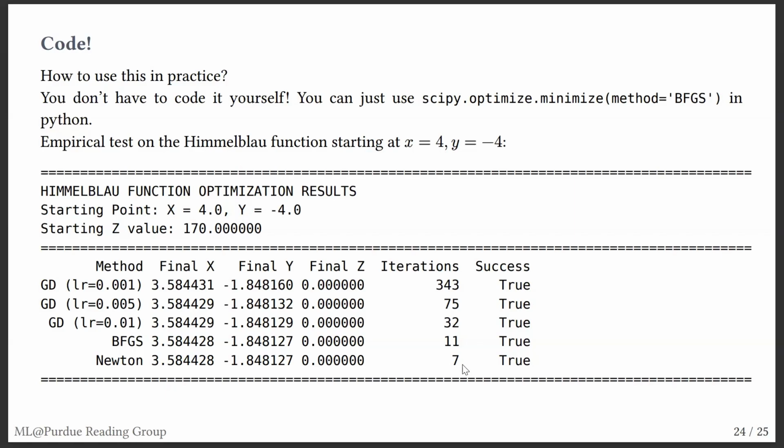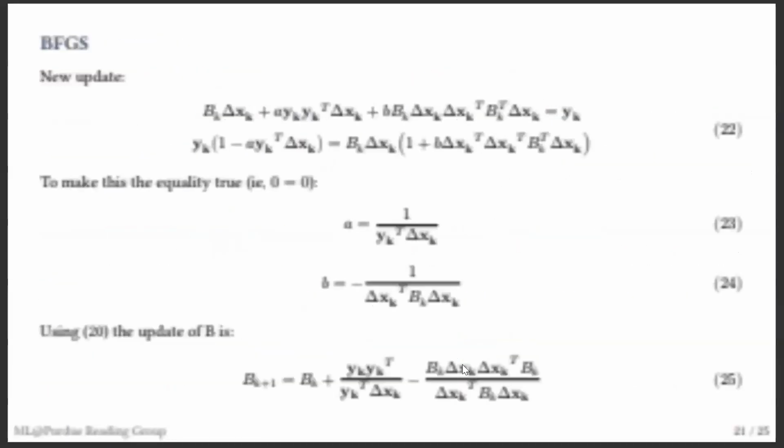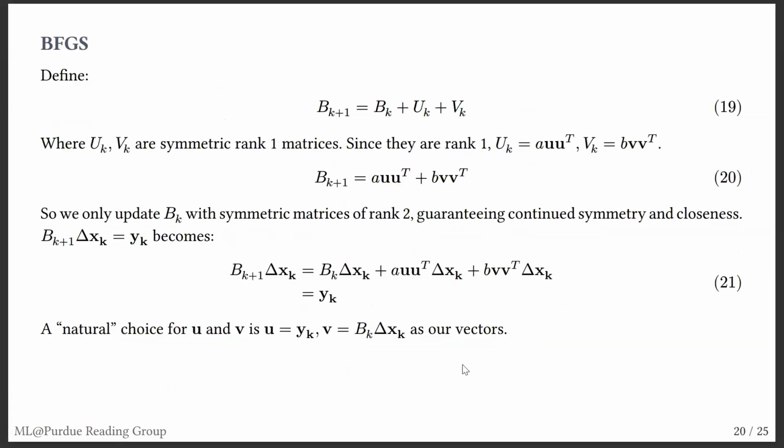Yeah. And yes, go back to slide 20. Yes, this. Could you explain why you introduced the UK and the GK? Yes. As I said before, there's a BK right here, just before those. We want to see how we can update BK into BK plus 1. We want to make minimal changes to BK, and we're going to change only 2 ranks of BK.